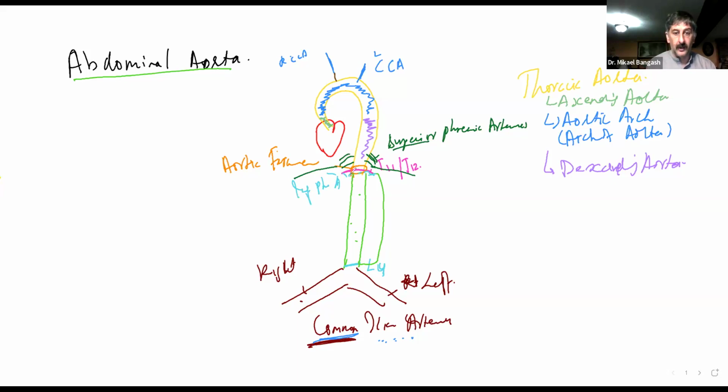But they mainly arise off from the abdominal aorta. Had we not had the inferior phrenic arteries, then they would just be named phrenic arteries. Had we not had the superior phrenic arteries, then these arteries would simply be called the phrenic arteries.